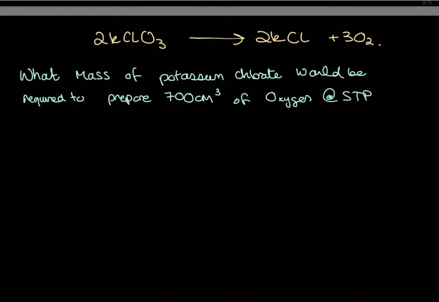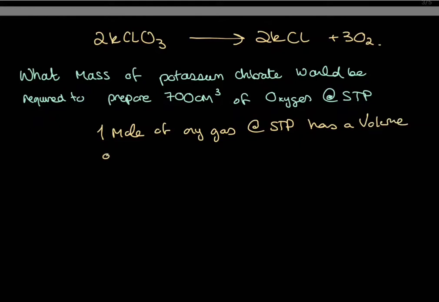Okay, so again, we have a gas, oxygen gas, and we're given how much of that gas we have. So I'm going to write down my sentence again. 1 mole of any gas at standard temperature and pressure has a volume of 22,400 centimeters cubed.